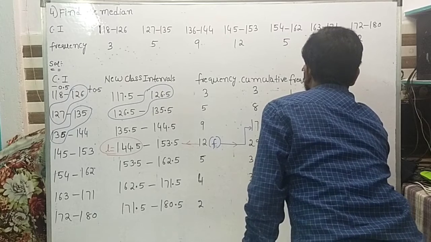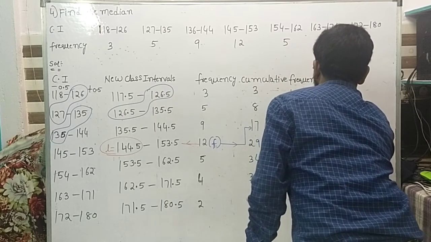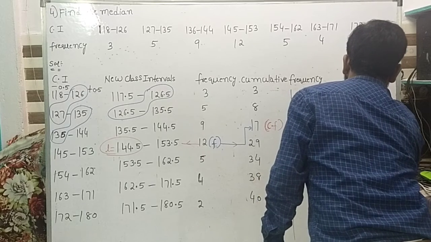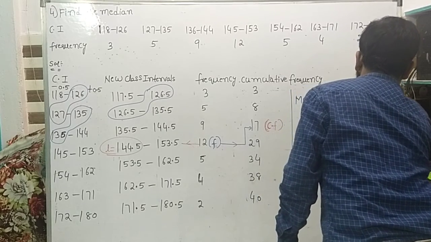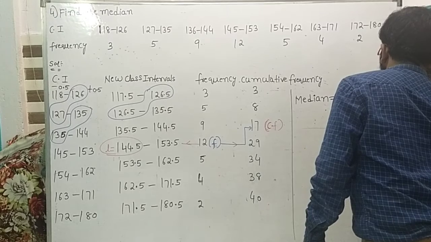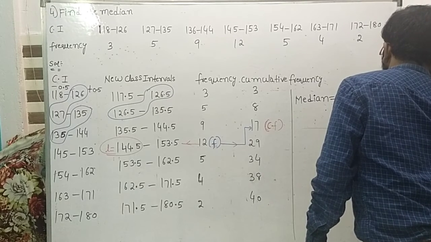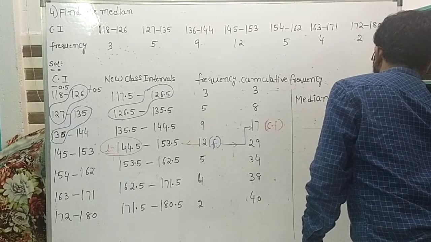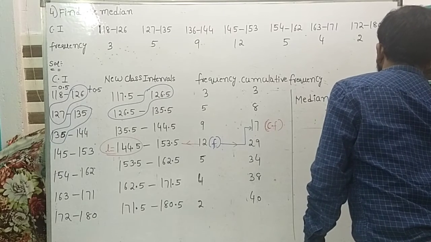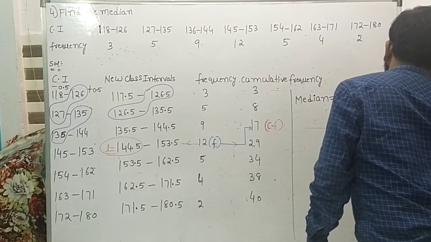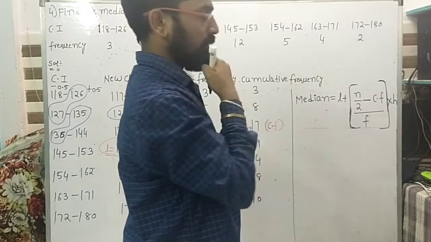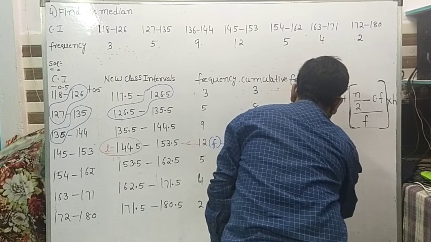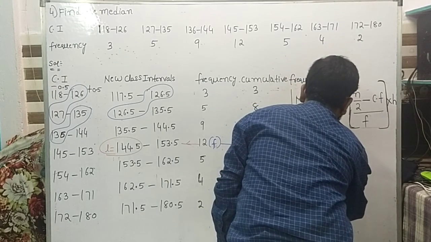Then we write the median formula. Median equals L plus (n by 2 minus CF) by F, into H. What is the L value?